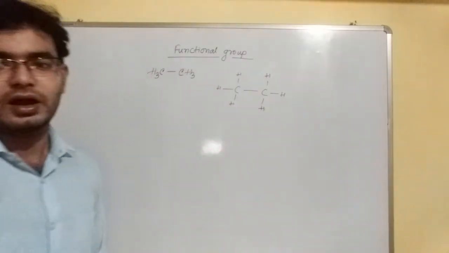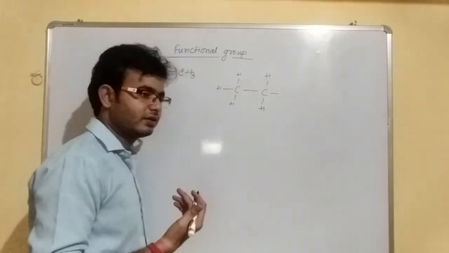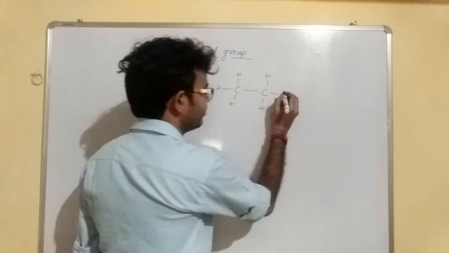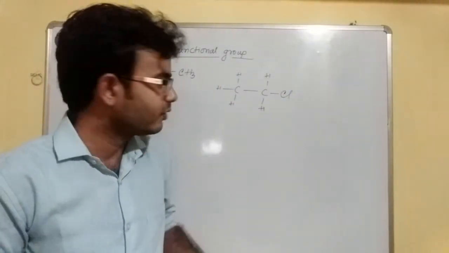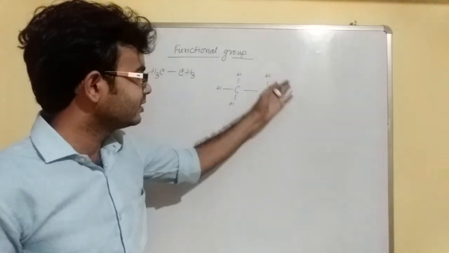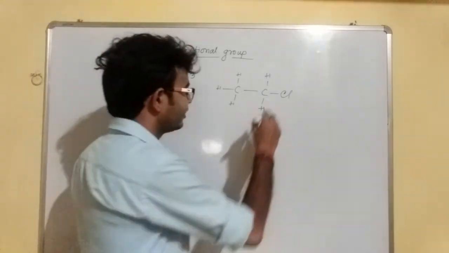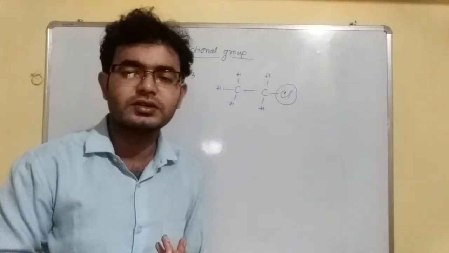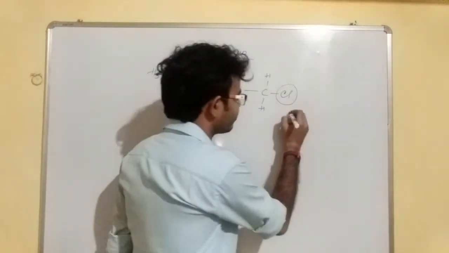Now, if any one hydrogen is replaced by any other element, suppose chlorine, then what will happen? This will form a different compound. Here, this chlorine is not hydrogen, it is different from hydrogen, so it is also called a heteroatom.